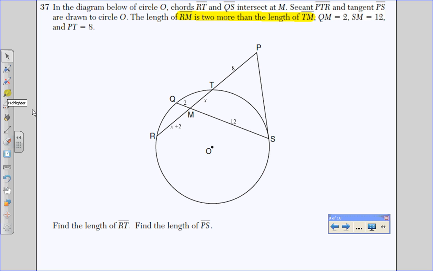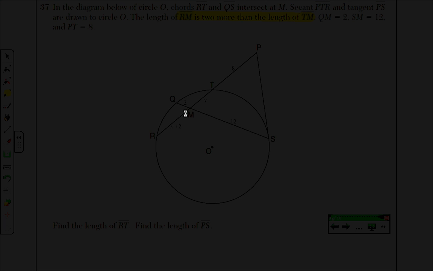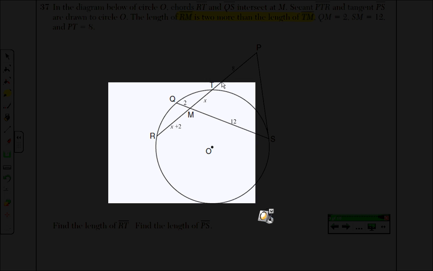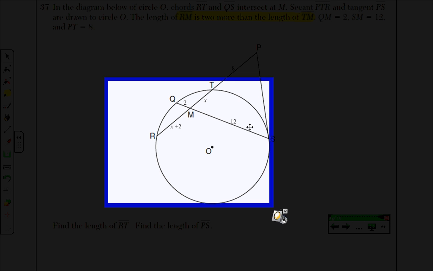Alright, now look, it really helps to just focus on a certain part of this diagram as opposed to trying to look at the whole thing. So I'm just going to go ahead and spotlight the chords for now. So I want us to just focus on this part here.